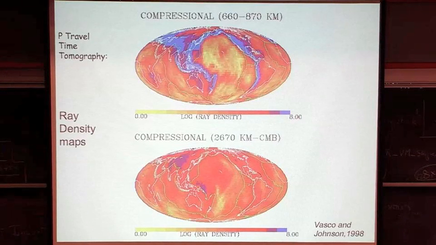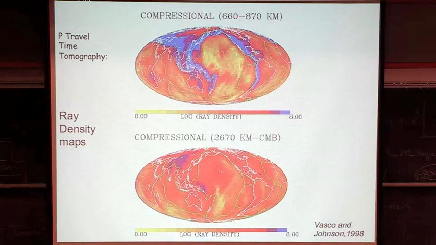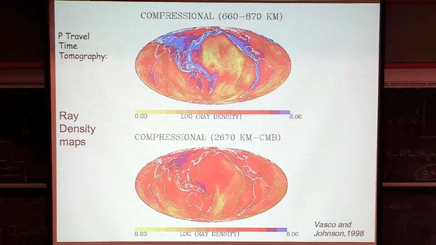While this slide is already 15 years old, it still shows the main point. This is shown at two different depths: one just below the 660 kilometer discontinuity, and one at the bottom of the mantle. Because of the limitations of the geometry of the sources and receivers, the best-sampled regions are near subduction zones and continents, so here in the Western Pacific, and this line in the Americas.